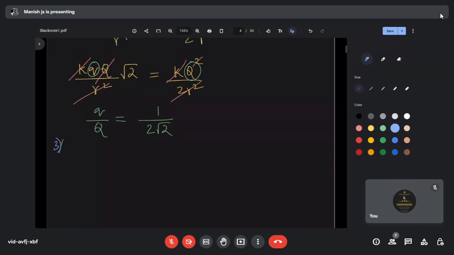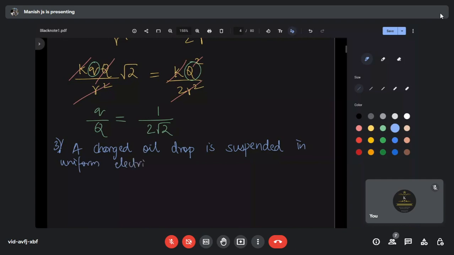Okay. A charged oil drop is suspended in uniform electric field of 3 into 10 to the power 4 volt per meter, so that it neither falls nor rises.